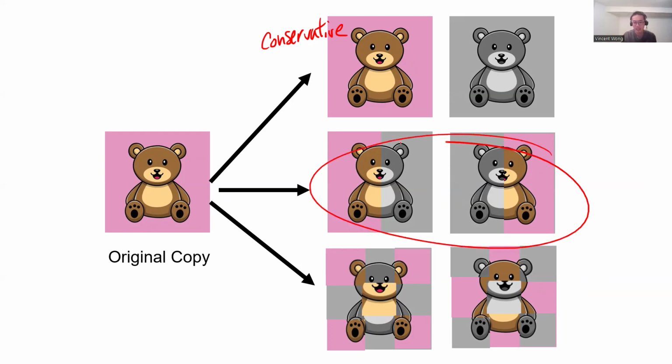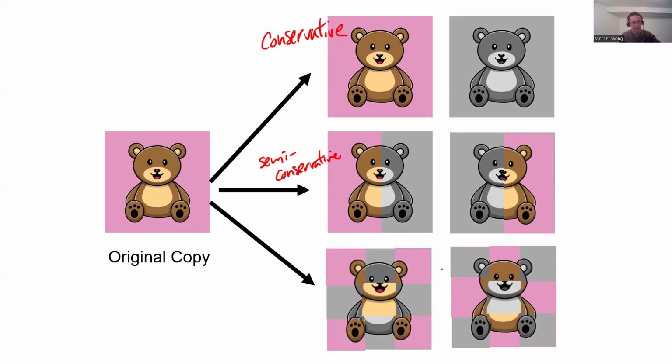What does this model seem like to you? Semi-conservative. That's right. This is semi-conservative. And this one took the longest to make, okay? It's like patchwork, right? Some parts are old, some parts are new, and this is the dispersive.